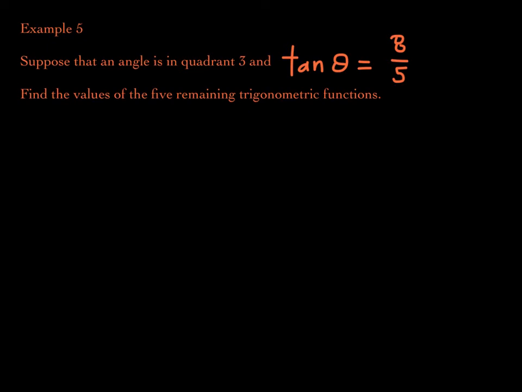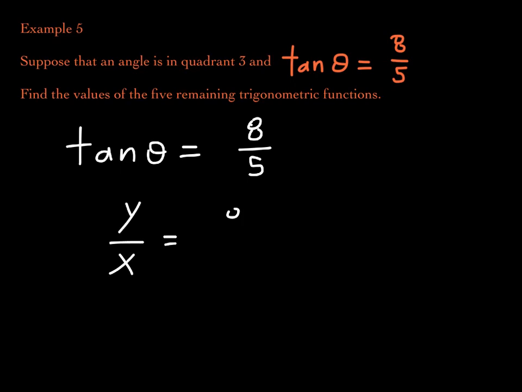Remember, tangent of theta is defined to be y over x. So watch this, everybody. Tangent of theta is y over x, right? I replaced tangent of theta with how it's defined.